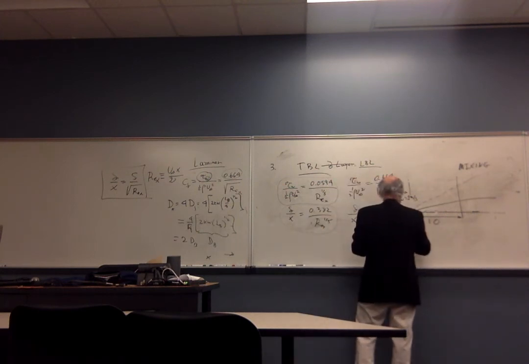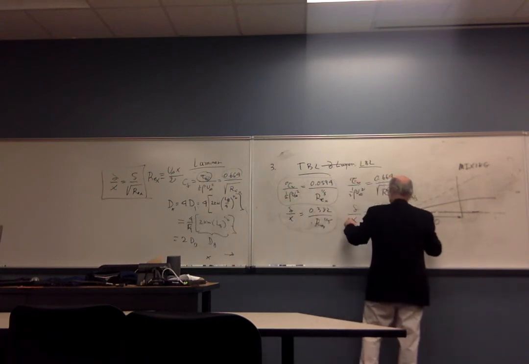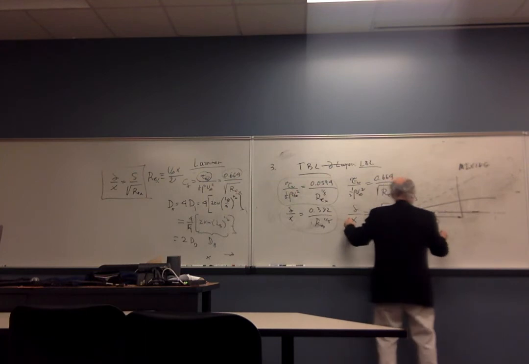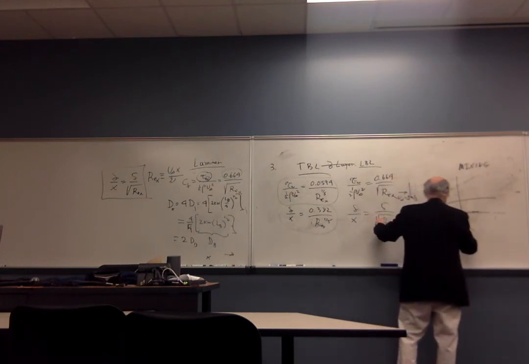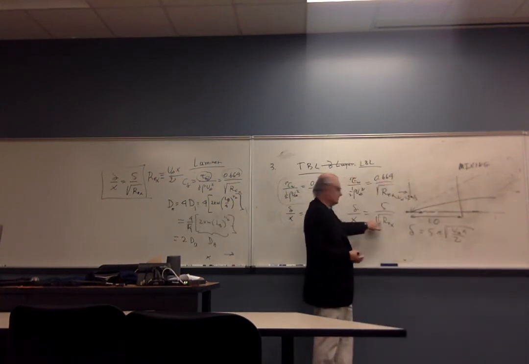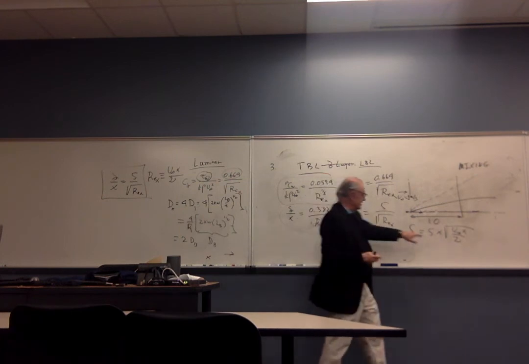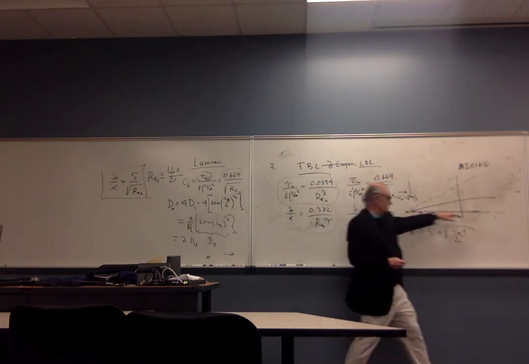For the laminar boundary layer, delta is going to equal 5 times x times the square root of the Reynolds number based on x, so it's u infinity x over nu. Notice something very important. This Reynolds number is not one number, it depends on x. It's 0 over there, and it's much larger over there, right?